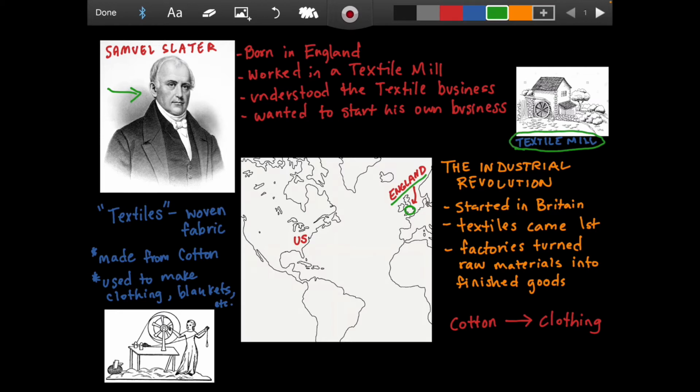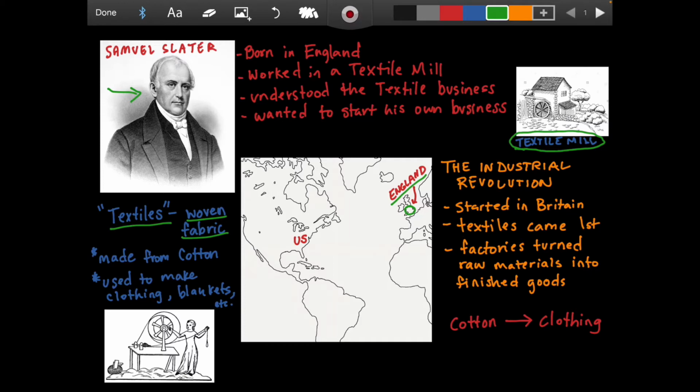Here's an example of a textile mill over here. A textile mill is a place where they make textiles. Textiles just means woven fabric. So think about the clothes that you're wearing right now. Those clothes were made from thread that was woven together to create the clothes that you're wearing.